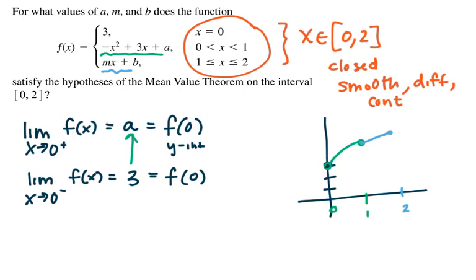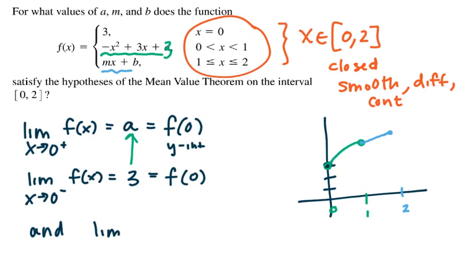So, because we know the a, I'm going to plug my 3 in up there, we can think about the limit as we approach 1 from the left and the right. And what we know is that they need to meet.